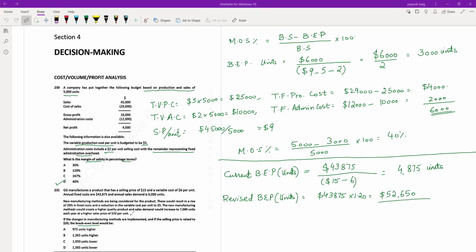Now the selling price has increased to $20 minus variable cost per unit has reduced to $5. So it is 15. 3,510 units is the revised break-even point units. So break-even point units are lower by 4,875 minus 3,510, 1,365. So this is the right answer.